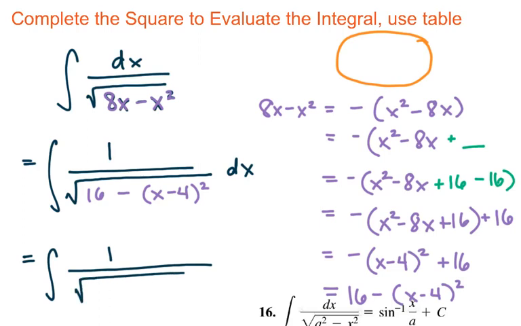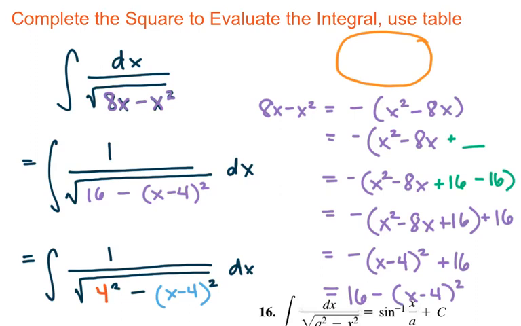I have the square root. Remember, 16 is 4 squared minus x minus 4 squared. And that might help you see a little bit better how this relates to that integral from our table of integrals.